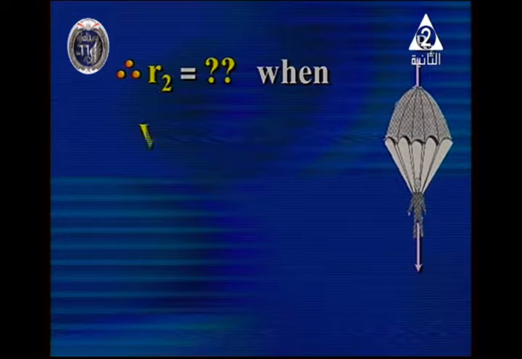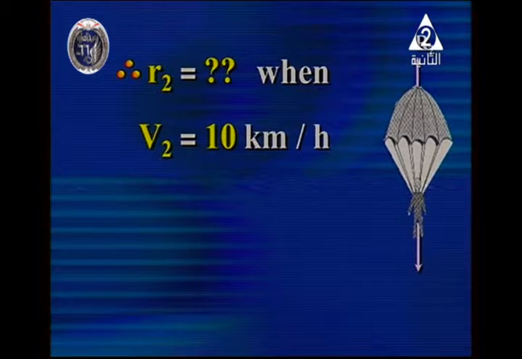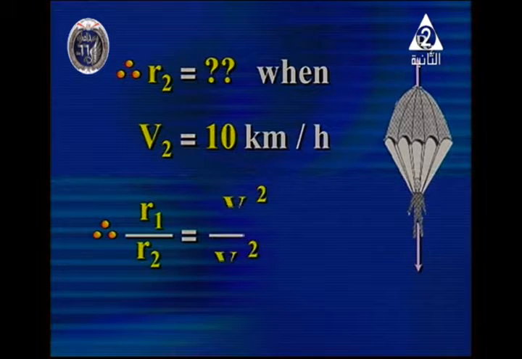R2 is unknown when V2 equals 10. By using the relation, therefore R1 over R2 equals what? Excellent student, V1 square over V2 square.